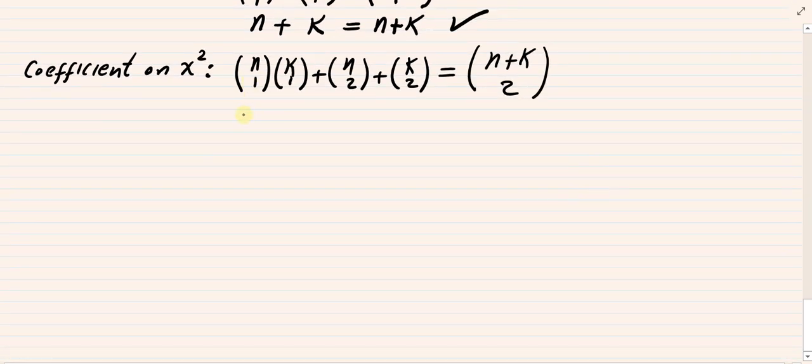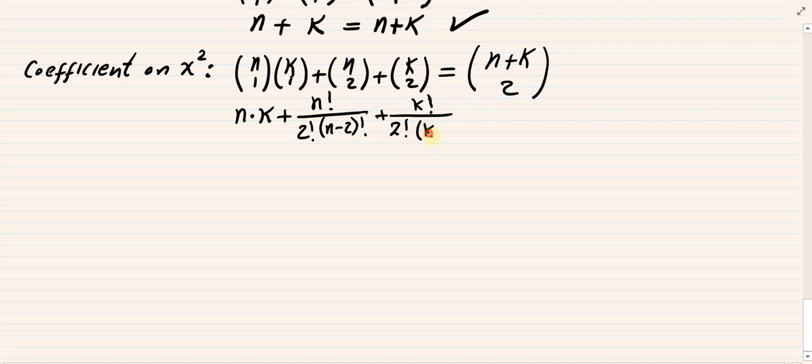So again, n choose 1 means n, k choose 1 is k. n choose 2 is n factorial over 2 factorial, n minus 2 factorial, plus k choose 2 likewise, k factorial over 2 factorial, k minus 2 factorial.